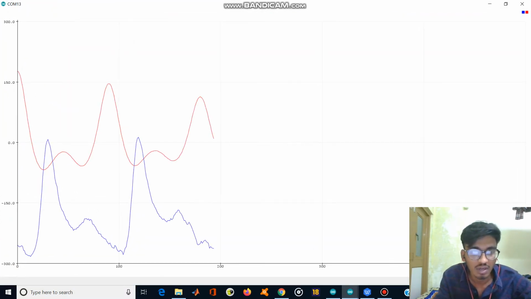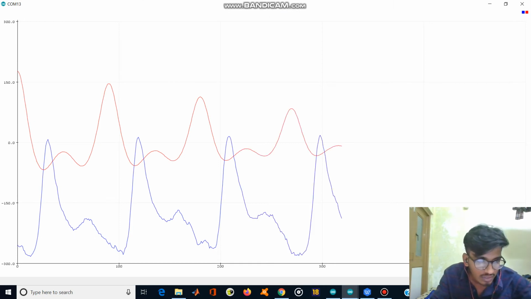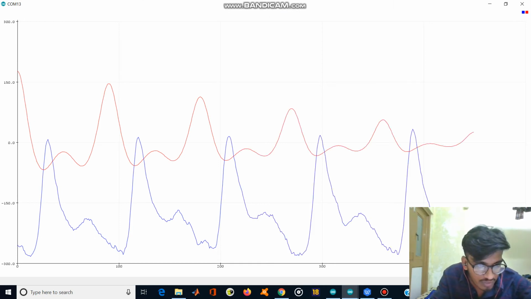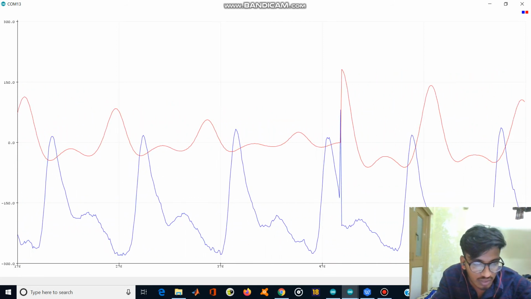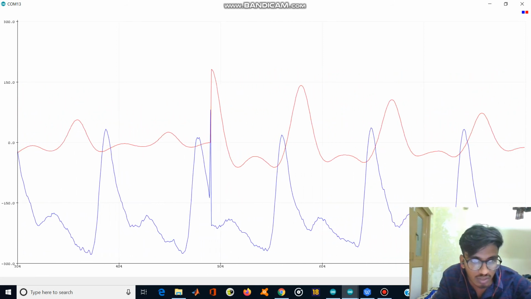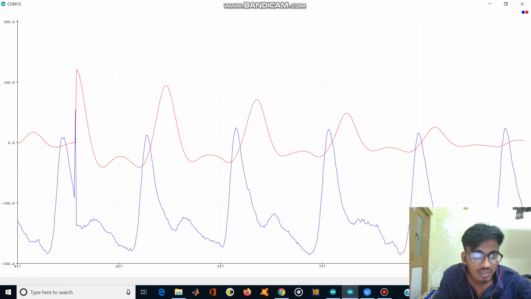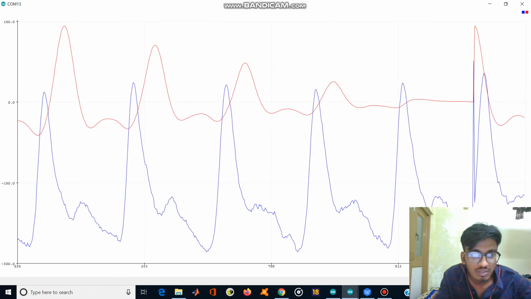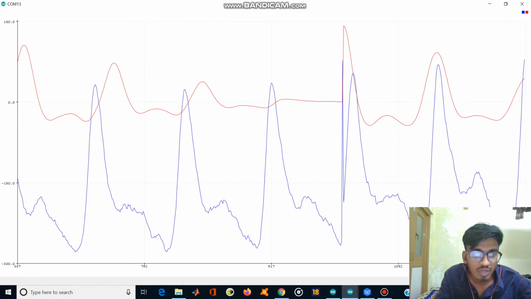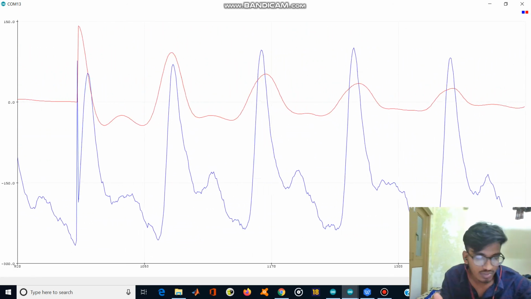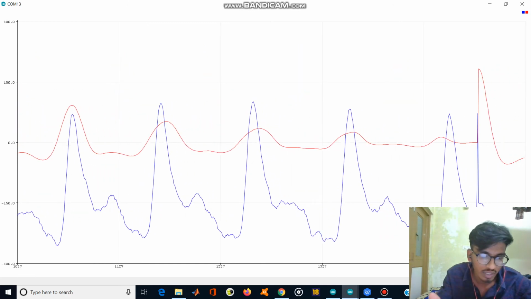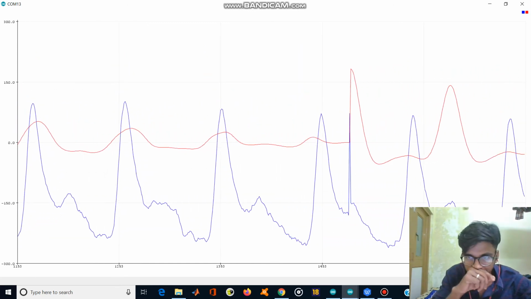This is the output. See, this is the input signal which we have passed, right? This is the input signal, and this is the output which we have. Why have we used autocorrelation? Because it is used to find the period of a given signal, right?